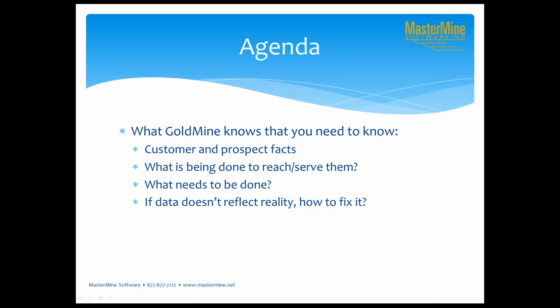There are static or even recently found out facts about your customers or your prospects that presumably your salespeople, if they are effective, are going out and finding and accumulating in GoldMine so that they have the knowledge to be able to sell your product or service. That information should be being gathered, and I'll show you some typical ways that can show up in GoldMine.